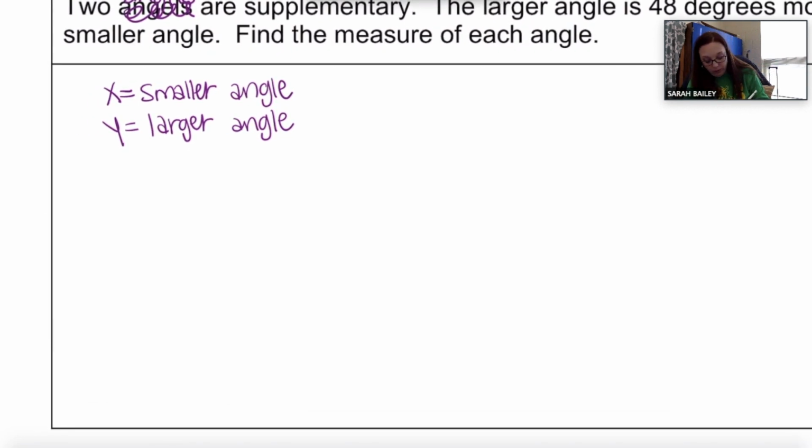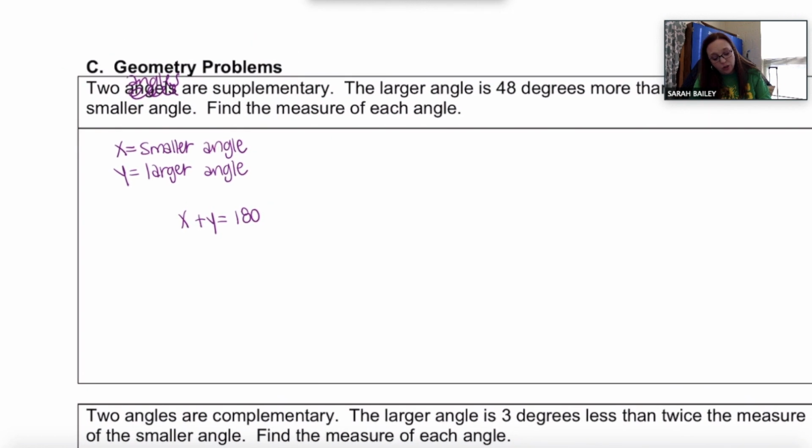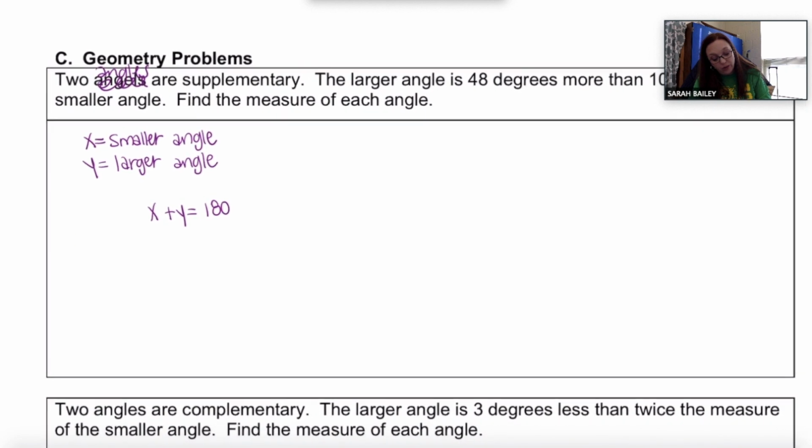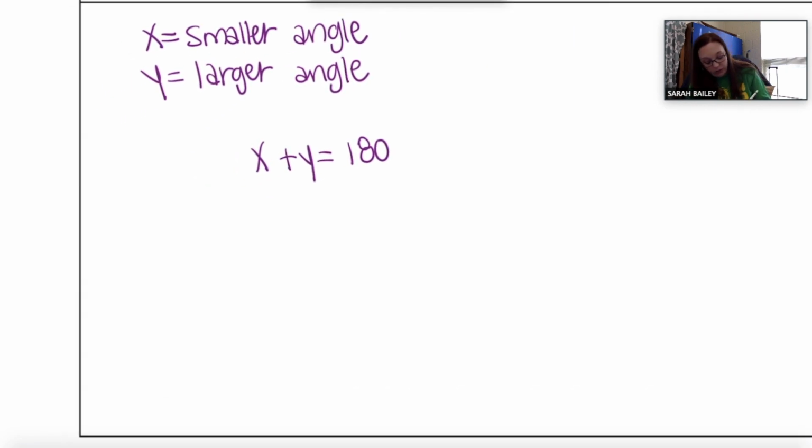So if they're supplementary, that means that x plus y equals 180. So that's your very first equation. The second sentence says the larger angle is 48 degrees more than 10 times the smaller one. So my larger angle is y, and it's 48 degrees more than 10 times the smaller one, which is x. So here's my system. x plus y equals 180, and y equals 48 plus 10x.